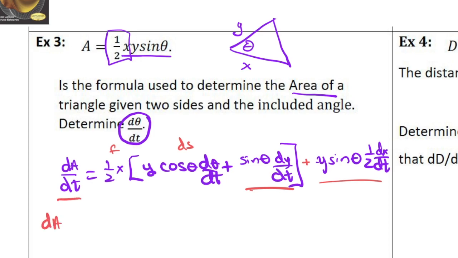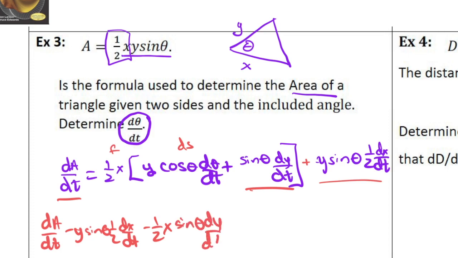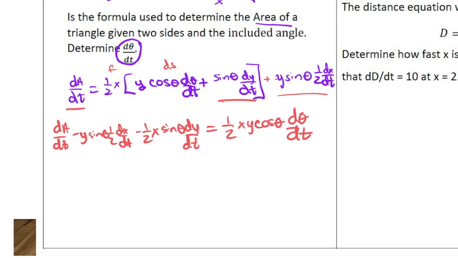So we have dA/dt minus y sine theta, 1/2 dx/dt, minus 1/2 x times the sine of theta, dy/dt, is going to be equal to your 1/2 xy cosine theta, dθ/dt. And then a little bit of division, you will have what you're looking for.